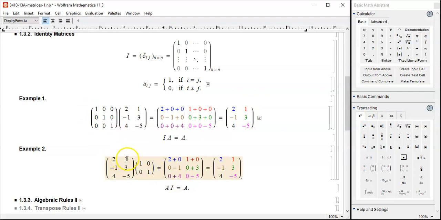We have 2 columns here, so we need only 2 rows, so this has to be 2 by 2. Previously, we had 3 rows, so we need 3 columns here, so that we have 3 by 3.